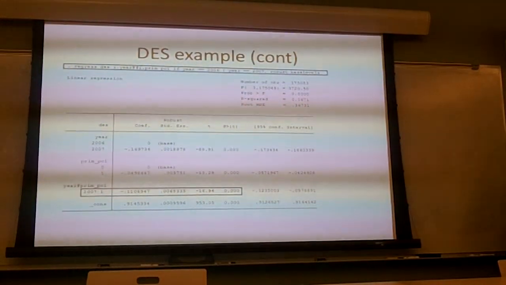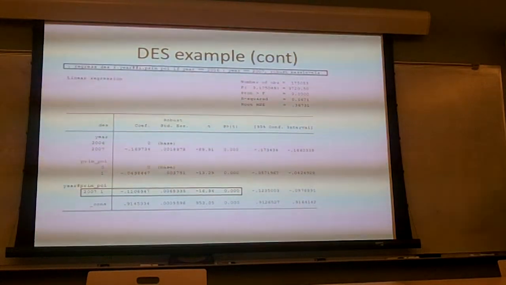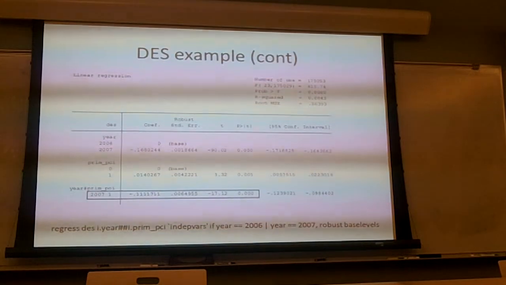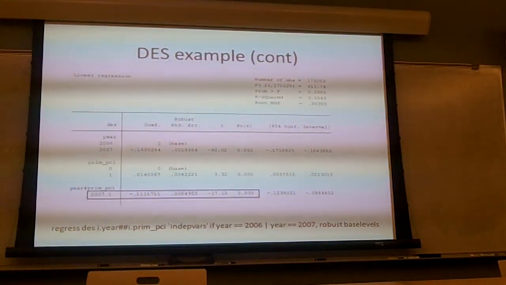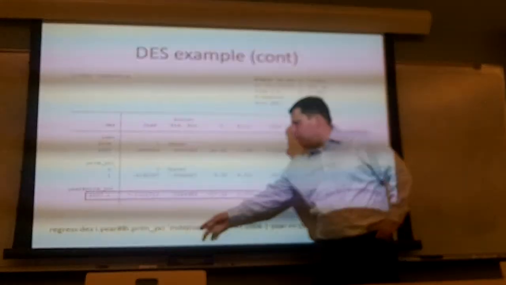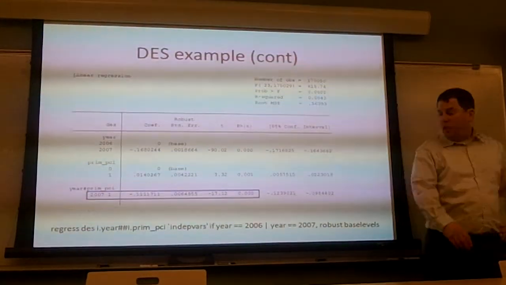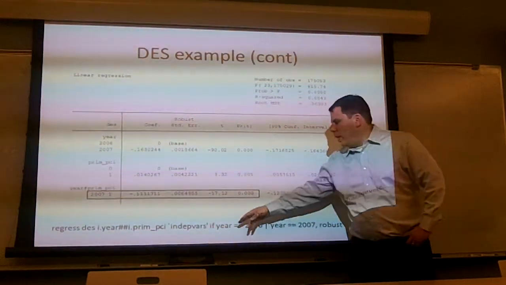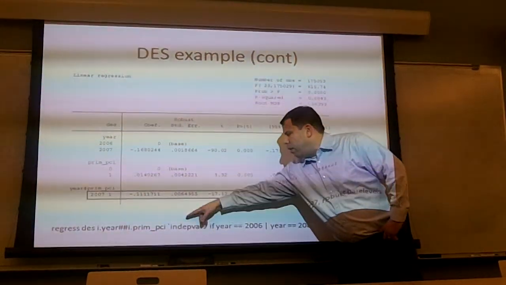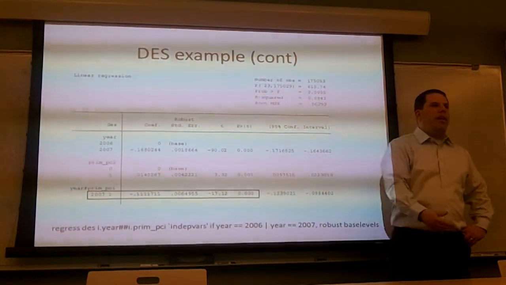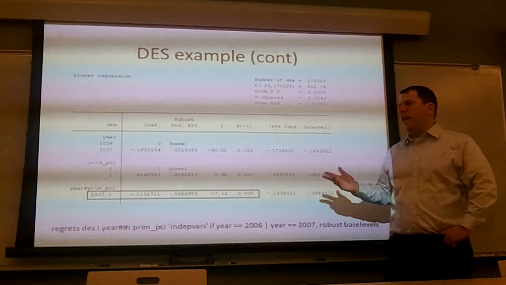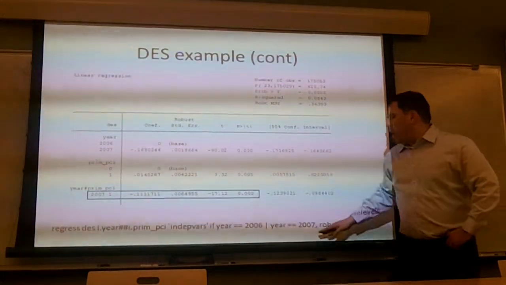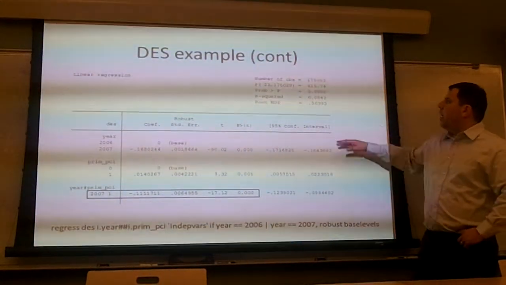So if you had other variables like age and whatever, you could just put those into your model as well at that point? Oh, that's like you anticipated my next slide. So suppose we control for our usual set of independent variables, just throw them in there. For those of you who don't remember or weren't here, I had a local macro with a list of independent variables. I didn't bother writing it out again. It's got a bunch of stuff in it. I just added it to the model, same model specification otherwise, robust baseline.